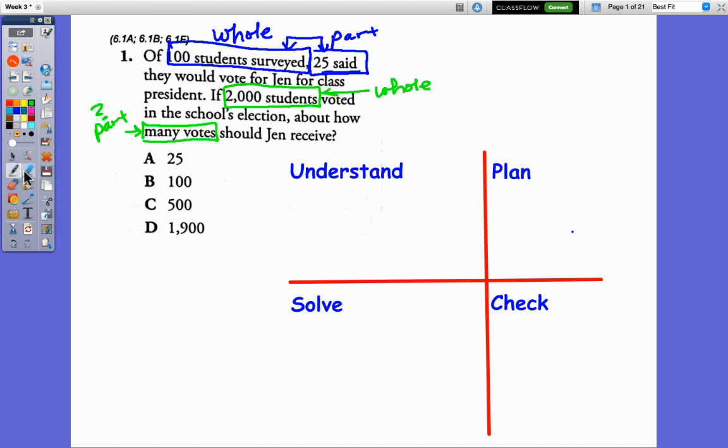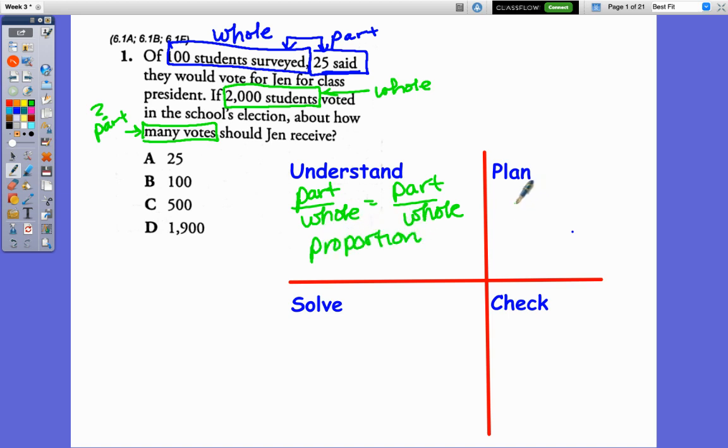So in my understand box, we're going to understand that I have a part to whole relationship equals part to whole. Super important that you understand that. And that means I am using a proportion.